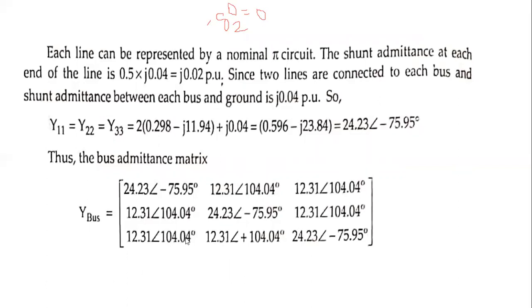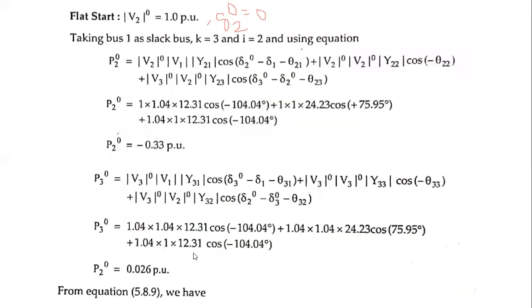Theta 31 means 104.04. Like that, we substitute all the values in this formula and determine P3 power 0, which is equal to 0.026 per unit.